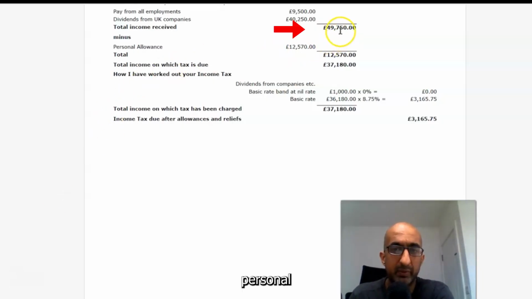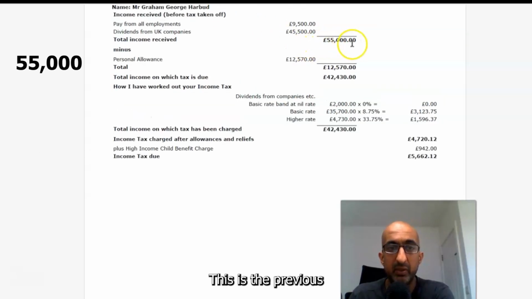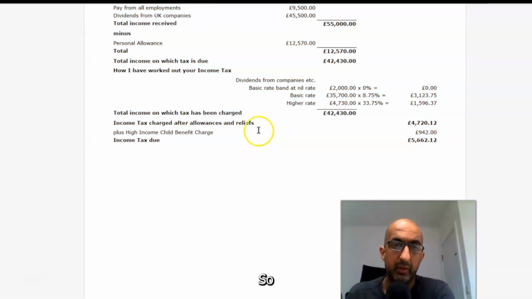This is the client's personal tax return for 24, just under 50k. This is their previous year. So the reason it's gone down is purely because he's added his wife to the company, and the accountants advised him to do that, and he can pay some dividends to her.